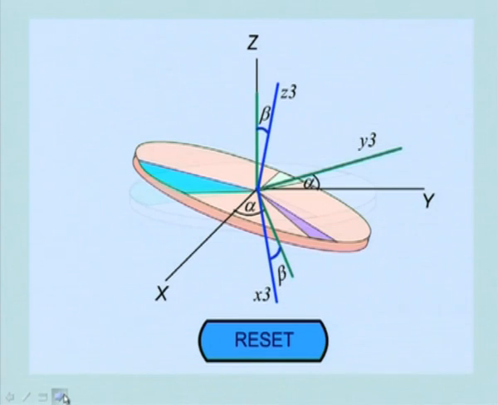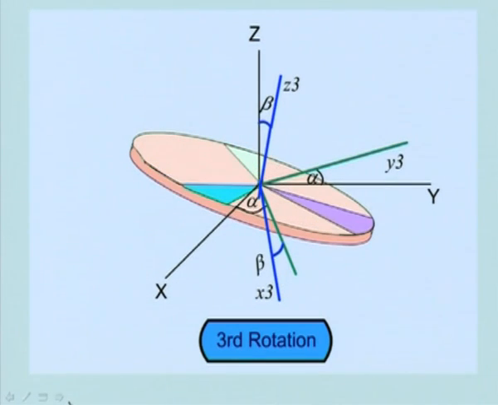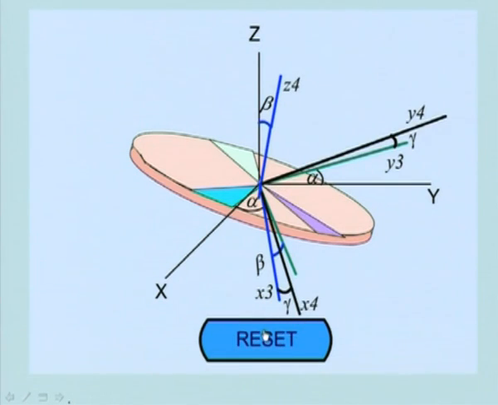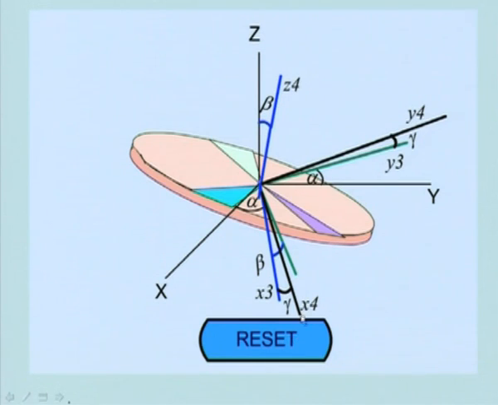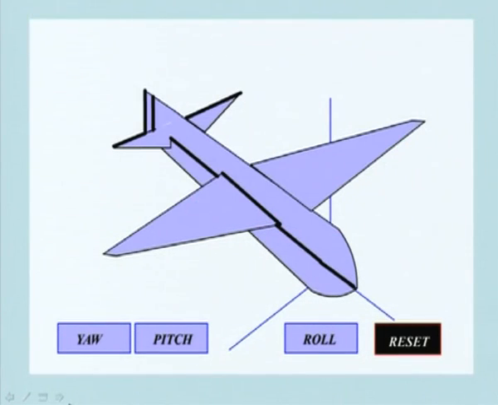Now we see finally x3, y3, z3 is rotated about z3 by an angle gamma. So we will reset that and see the third rotation about z3. So gamma. So like that we do, and we understand that.